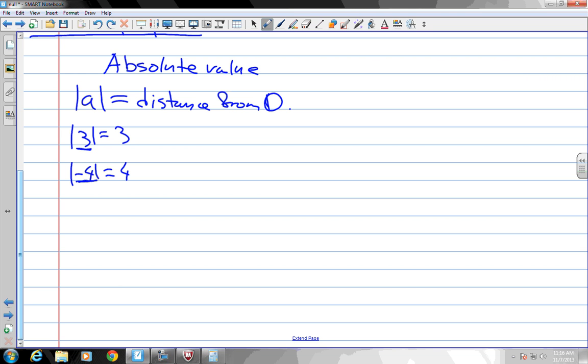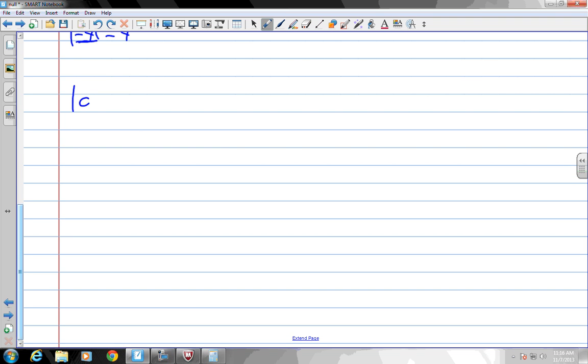Right? So the official definition of an absolute value is this. Two things happen. The absolute value of a number is that number if that number was positive to begin with. So the absolute value of 3 equals 3, because 3 is positive, so don't mess with it. Absolute value of 12 is 12, because 12 is positive. Don't mess with it.